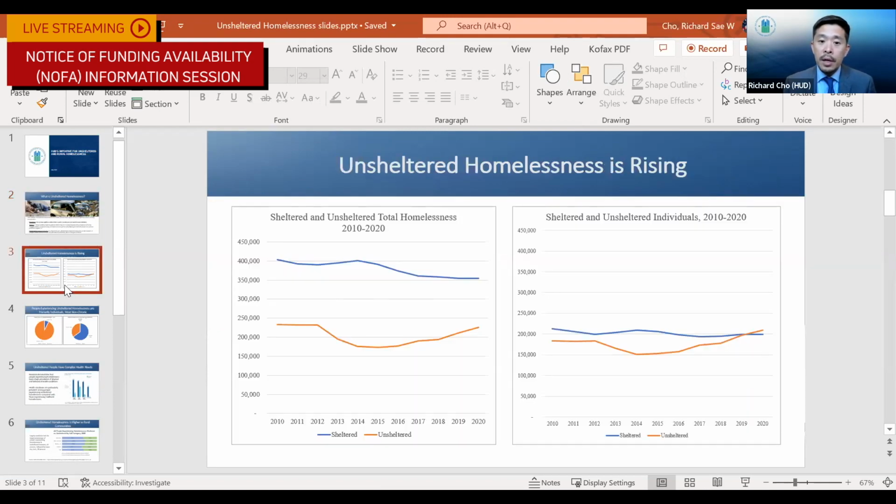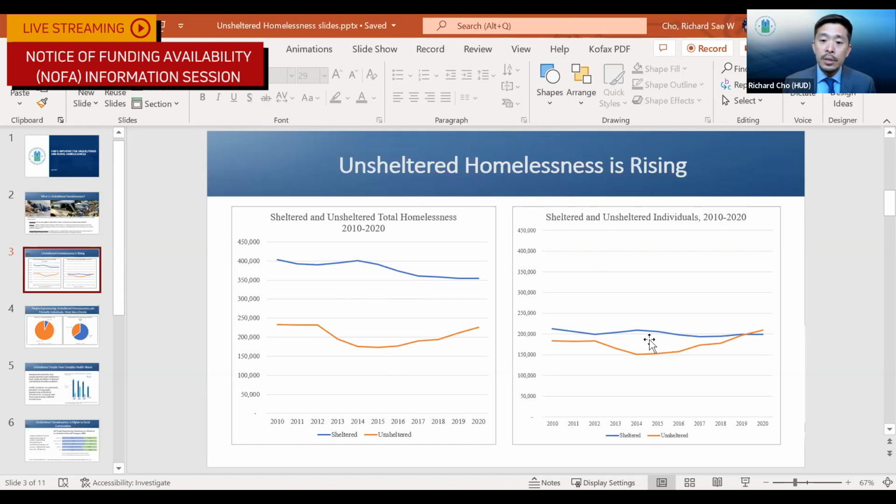Over the last 10 years, we've seen unsheltered homelessness decrease. And then over the last 5 or so years, we've seen it increase. The chart on the left shows that out of overall homelessness, more people are in shelters based on our point in time counts than are in unsheltered settings. But you could see that sheltered homelessness has steadily declined, while unsheltered homelessness, really starting around 2016, started to rise.